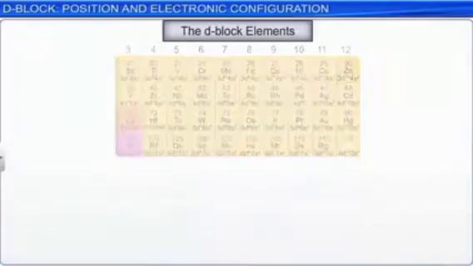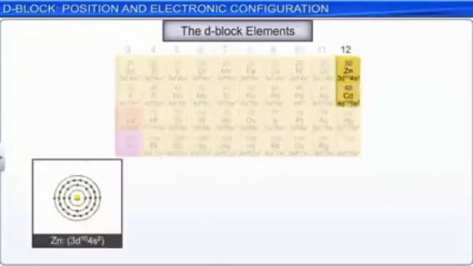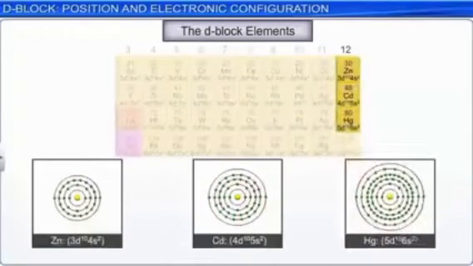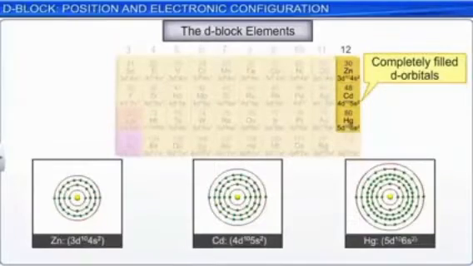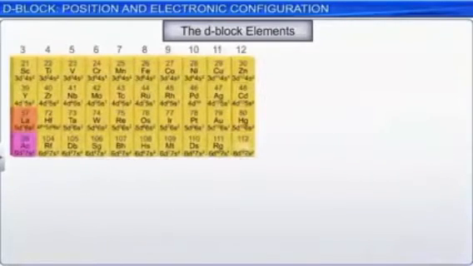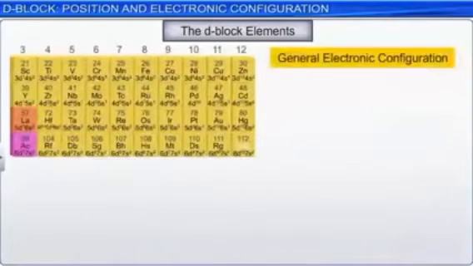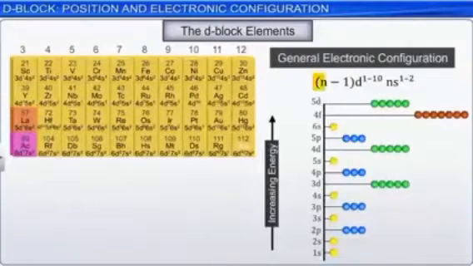Thus, the elements zinc, cadmium, and mercury, which have D10 configuration, both in their elemental and in their stable oxidation states, are not considered transition elements. The general electronic configuration of these elements is (n-1)d1 to 10 ns1 to 2.